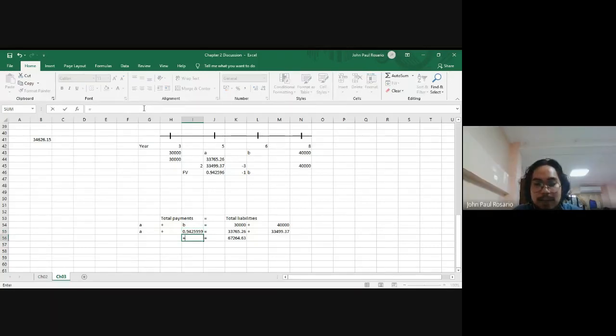Meaning the total of the two equal payments is this one plus this one.